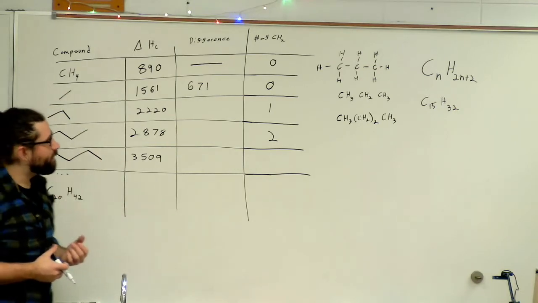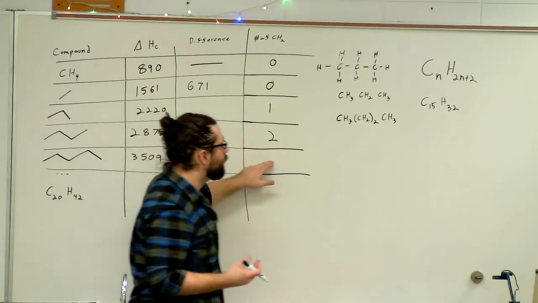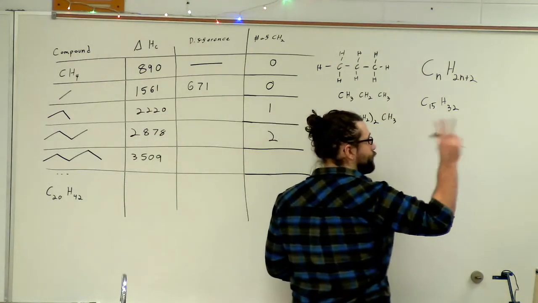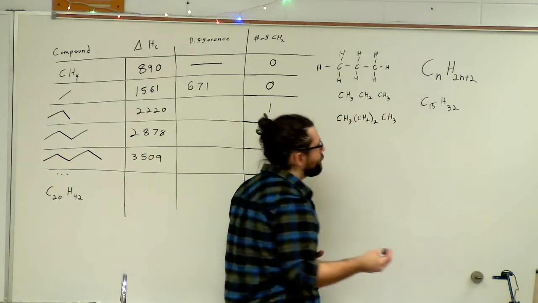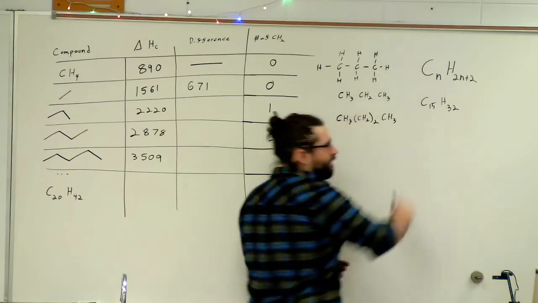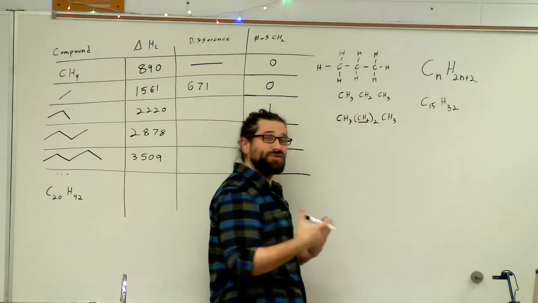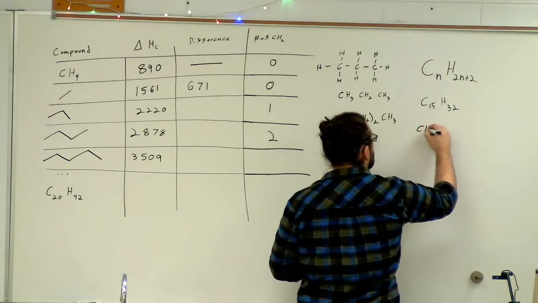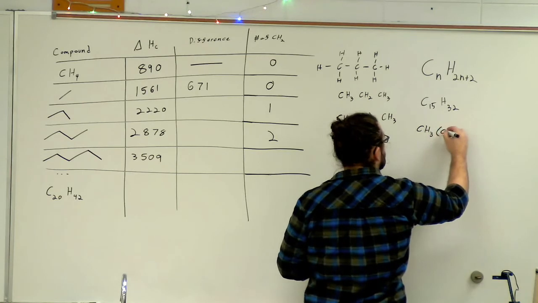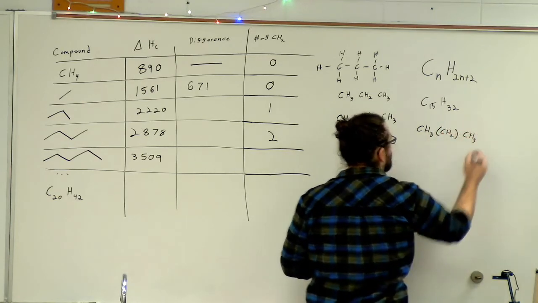And once I have that formula, I can easily figure out how many CH2 molecules will be in there by removing 2 carbons. My 2 end carbons will always be CH3. So if I've got something like C15H32 and I want to know how many of these CH2 molecules I have, well, I really have CH3, a certain number of CH2s, and then a CH3, right?